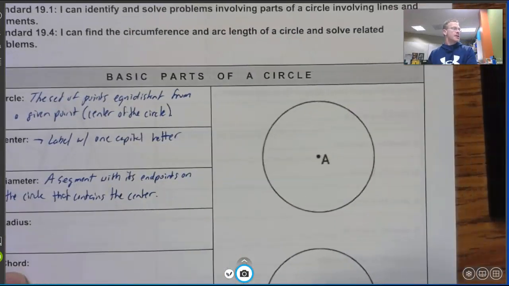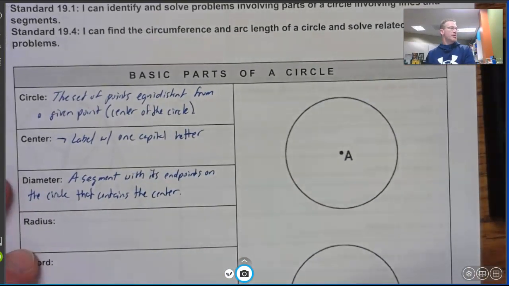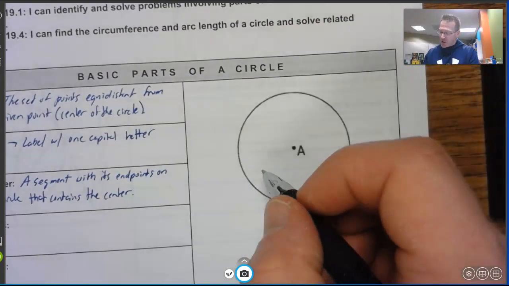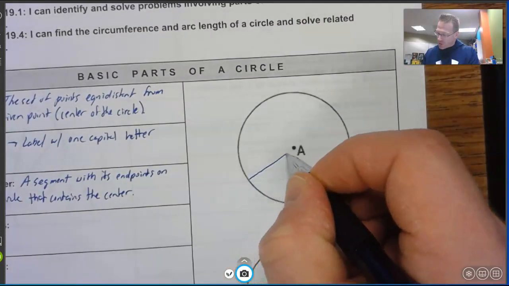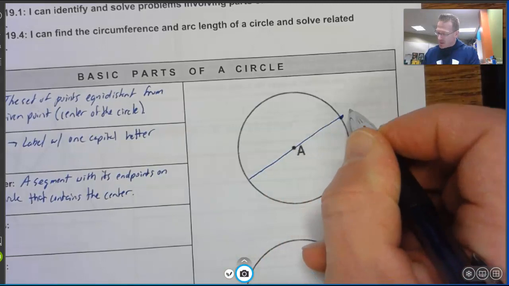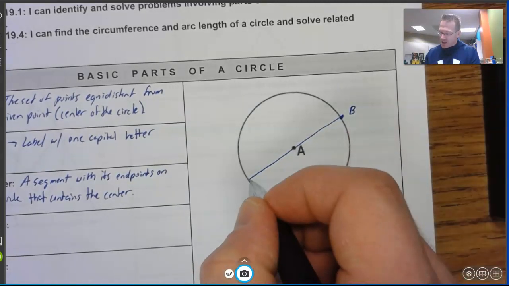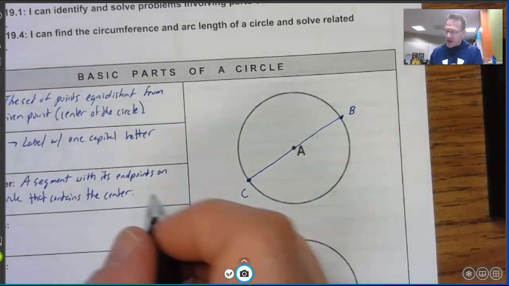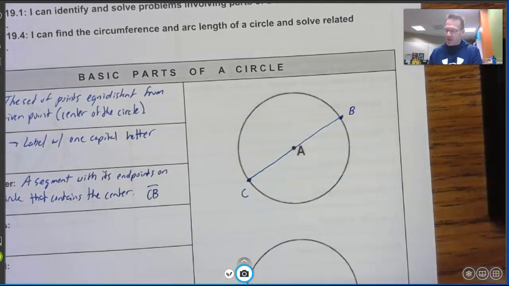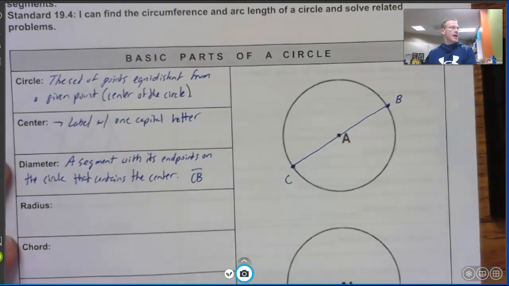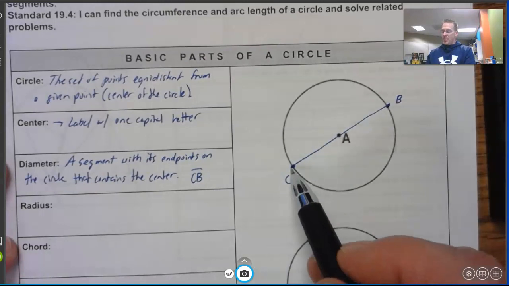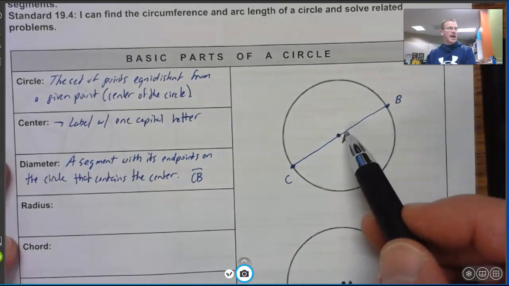So a diameter is a segment with its endpoints on the circle that contains the center. If I draw this in right here, we'll say this is B, we'll say this is C. So we would have diameter CB.